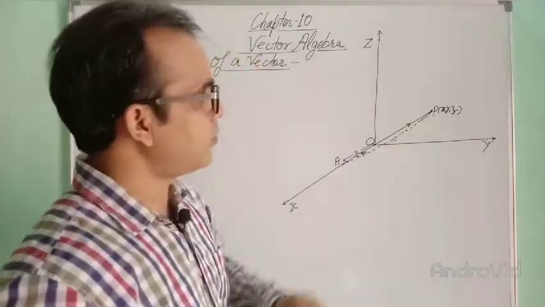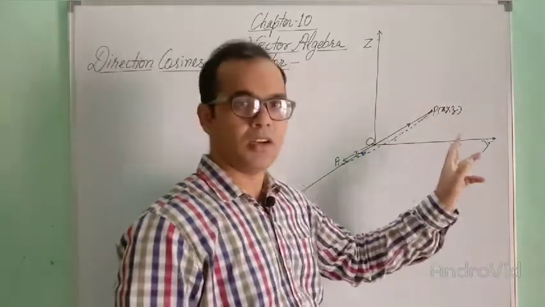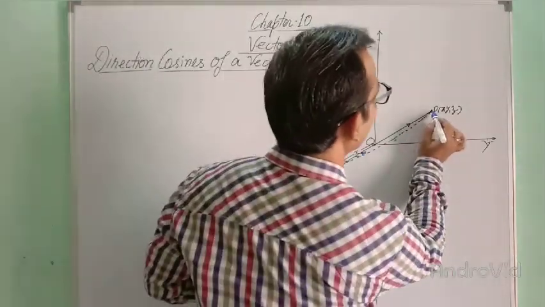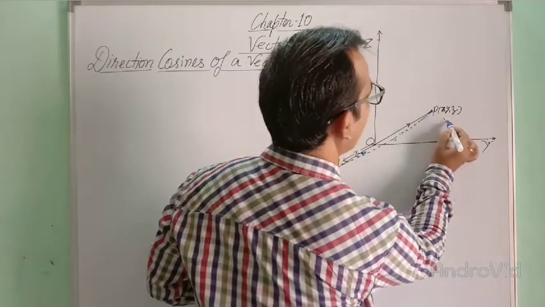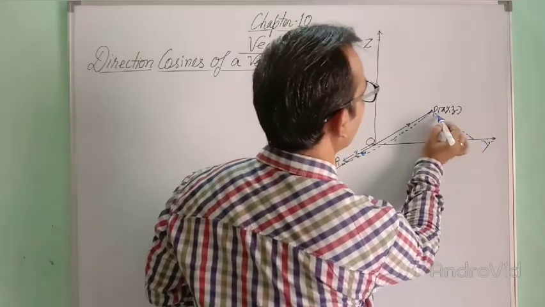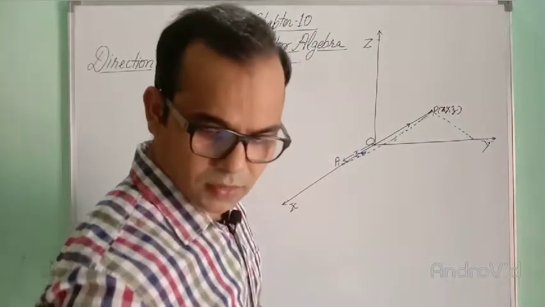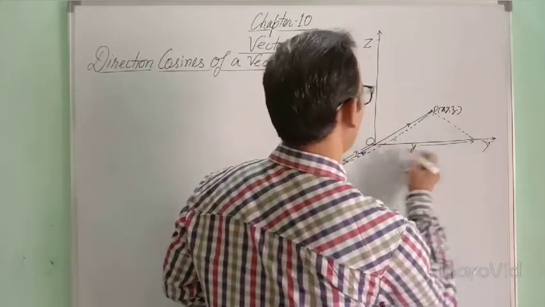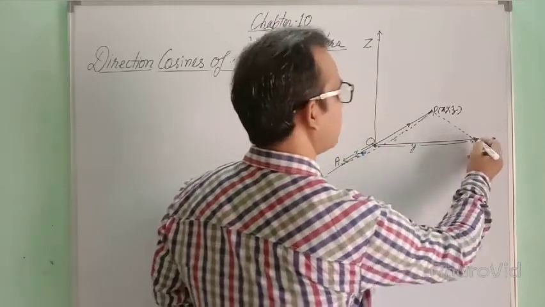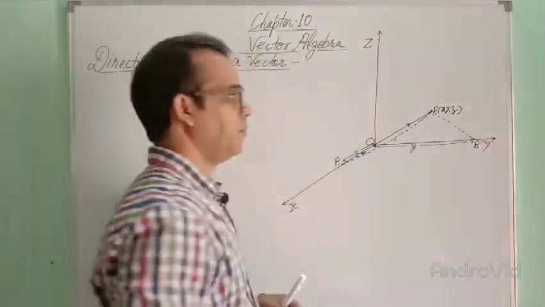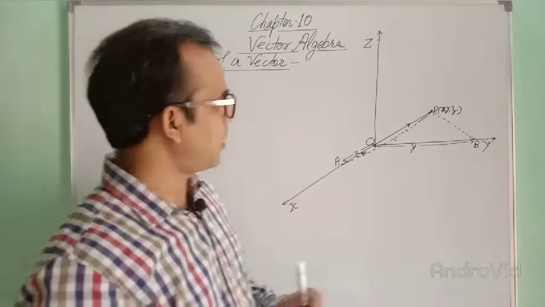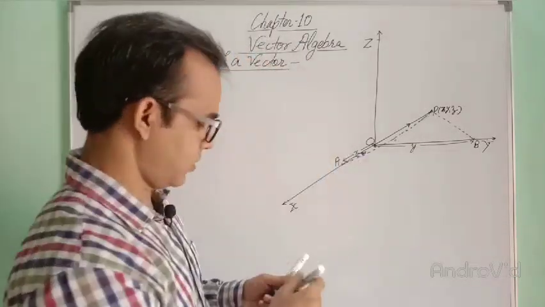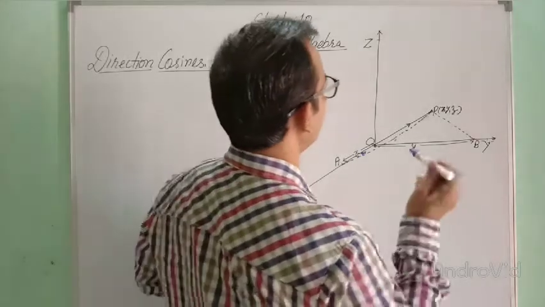The same way, you have to draw the perpendicular from this point P to the y-axis. Now this is the distance small y, and let it be point B. The same way we can drop the perpendicular from this point P to the z-axis.